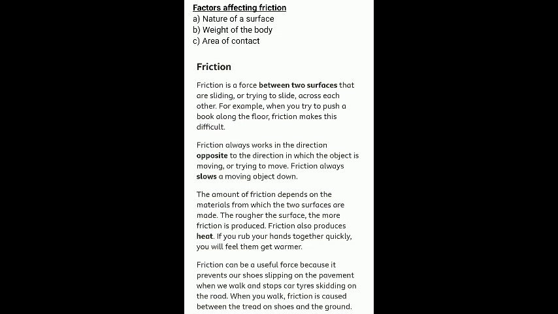If you try to push a book along the floor, friction makes this difficult. And if any other object is placed in contact, it is easier to move the book. Friction always works in the direction opposite to the direction in which the object is moving or trying to move.